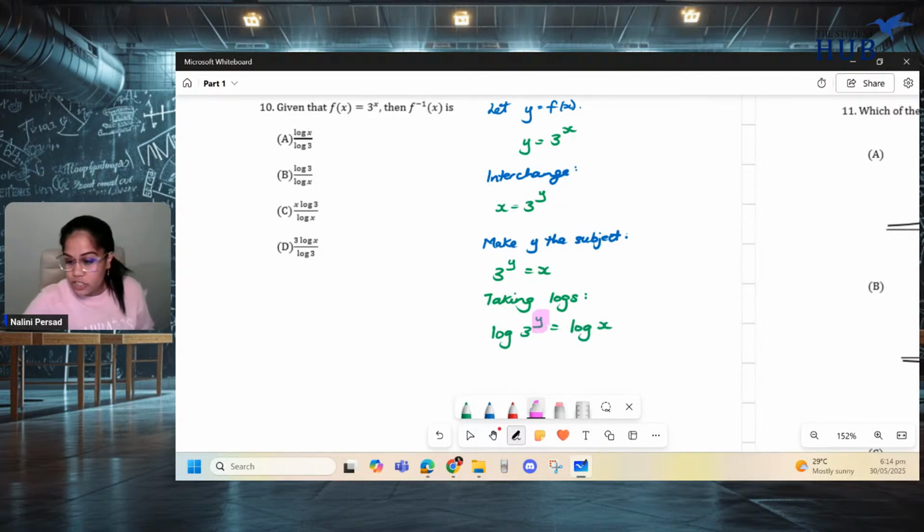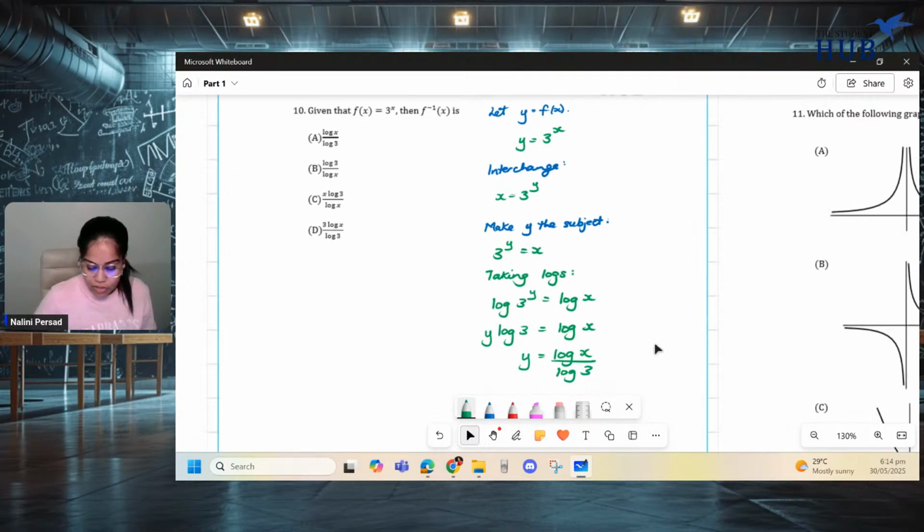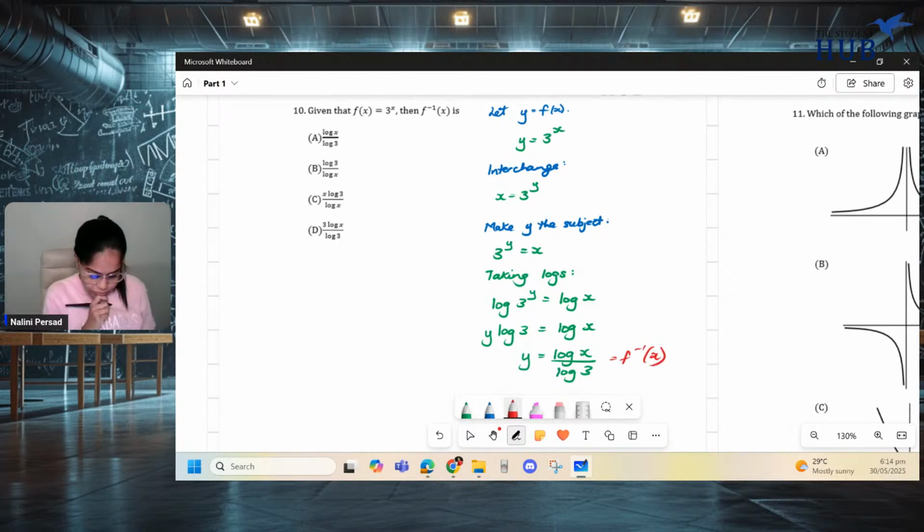Using my log rules, this y can go in front of the log. And it's separated by multiplication, so when I bring it across, I now need to divide. So we have log x all over log 3. So that there is equal to your f inverse function. Log x over log 3.